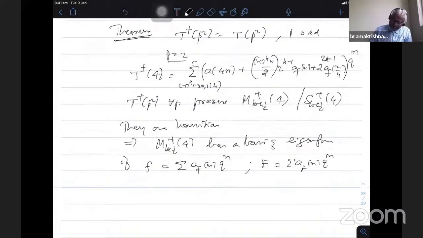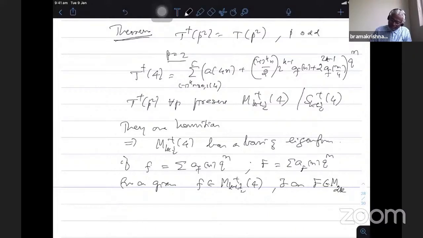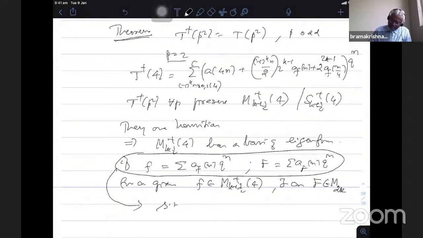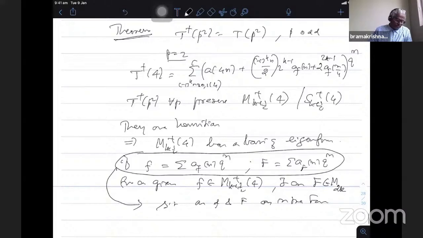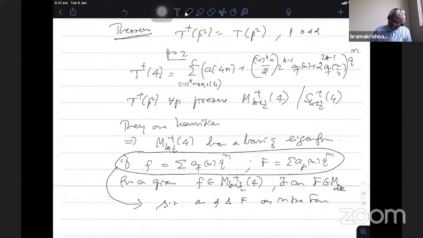So for a given f in M_{k+1/2}^+, as I wrote before, there exists an F belonging to M_{2k} such that f and F, as in the Fourier expansion, are related as follows. This gives the mapping of these two, how to define the correspondence.